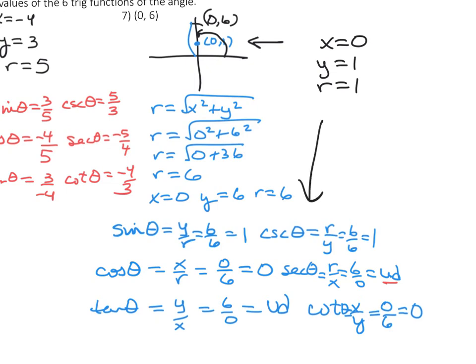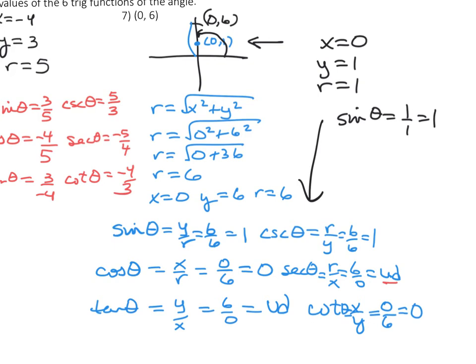The only difference, for example, when you do sine, you're doing y over r, 1 over 1, which is 1. So you don't have to simplify it. Either way, you get the same answer. Just remember, when you use those 4 initial points, the r value is always 1. Everybody good there? All right, let's try the identities.